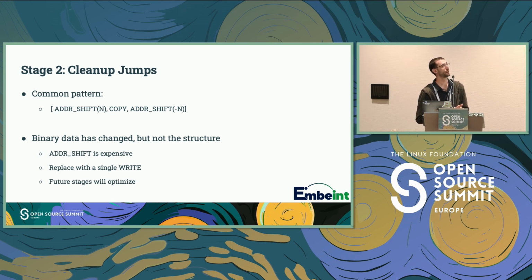What we see out of that is a pretty common pattern where we shift the address by some number of bytes, copy some small number of bytes, and then shift back by the opposite amount, which generally indicates one of those sections where you've got bytes the same, a little bit changing, and then bytes the same again. So we just get rid of that and replace it all with a single write, with future steps in this generation optimizing that.